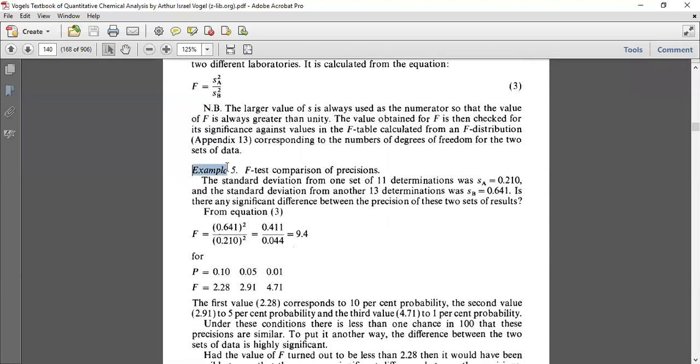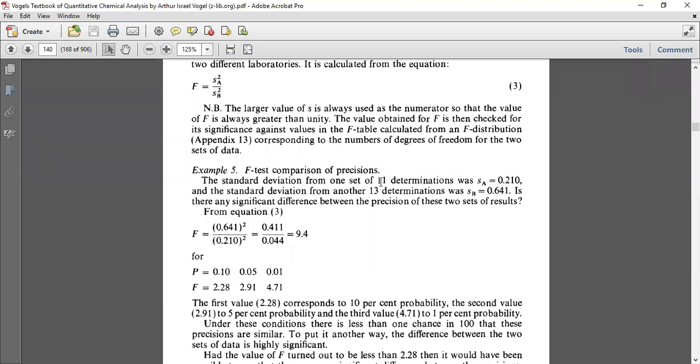Example number 5. The standard deviation from one set of 11 determinations is 0.210, and the standard deviation from another 13 determinations was 0.641. What they are asking is, is there any significant difference between the precision of these two sets of results?